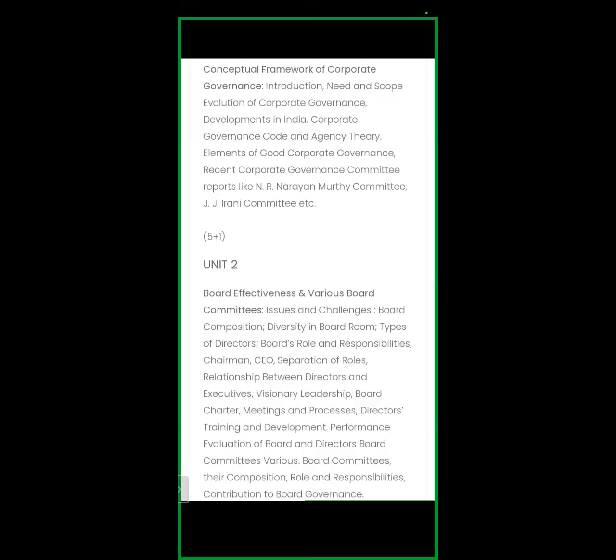So that is very common in these 4, 5 reports on corporate governance. All the chairmen of these committees are either industrialists or the CEO of some reputed organization or managing director of some organization.